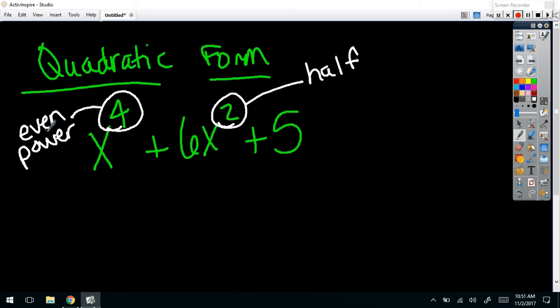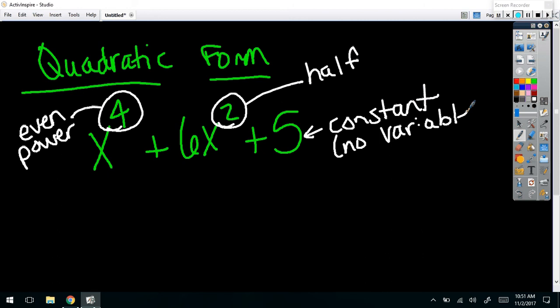And then this ends with a constant, no variable on it. If you ever see this, and you're still going to check for a GCF and all that, this one doesn't have one, but if you ever encounter this, you can actually factor it even though it's not a special pattern. If it meets these requirements, you can put it in the box, and I'm going to show you how.